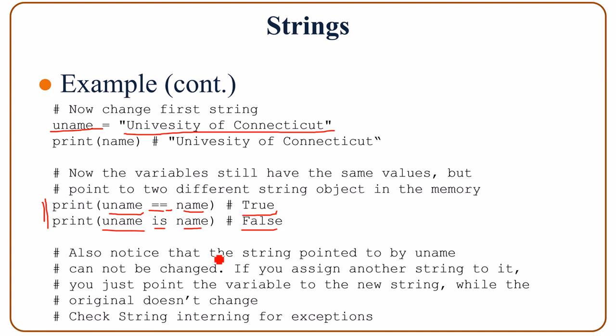So here you can see you cannot change anything regarding the string that uname points to. Even if you think you change it by assigning uname to a new string, it's actually just pointing to the new string in the memory. But the object that holds the old content is still there, unchanged in the memory.